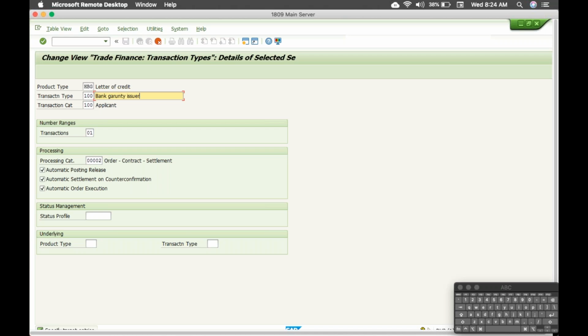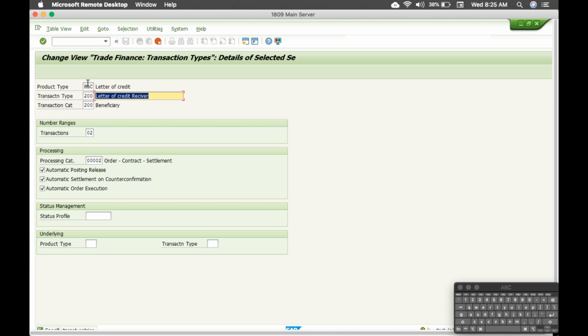So the bank guarantee works on behalf of the customer first. The bank that issues the bank guarantee as a letter, that is applicable to the customer first, not the vendor.